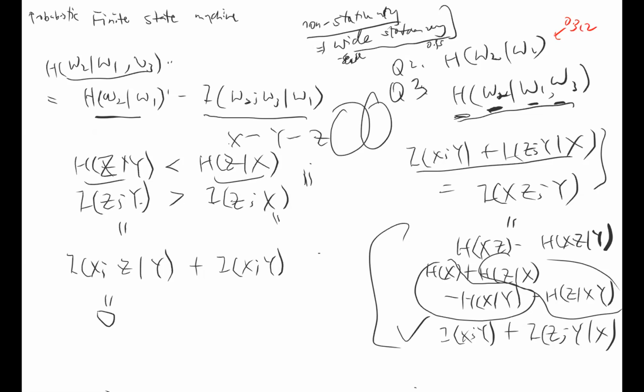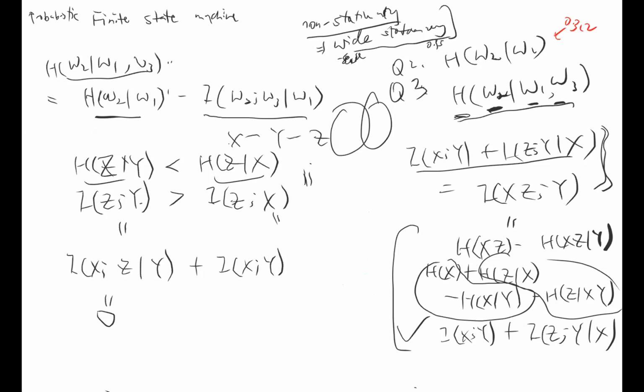The mutual information I(X; Y) is equal to H(X) minus H(X given Y). This kind of stuff I can remember. Anyway, for this chain rule, I just showed that if you are not sure, you can just write it out yourself. It's quite easy to figure out.